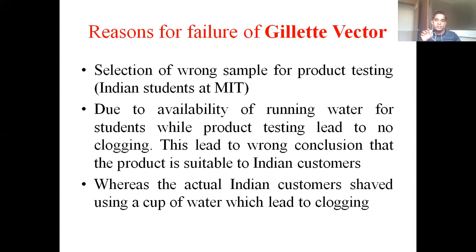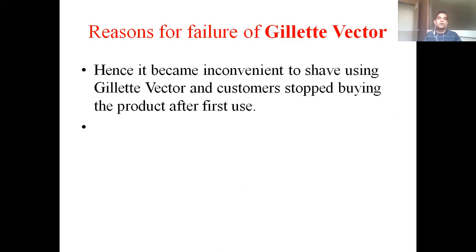Hair remains on the face. So it became inconvenient to shave, and it did not give a clear shave for customers in India using Gillette Vector, and the customers stopped buying the product after the first use. Once they purchased, later they did not continue to buy. This is how Gillette Vector went on to become a failure in the Indian market.